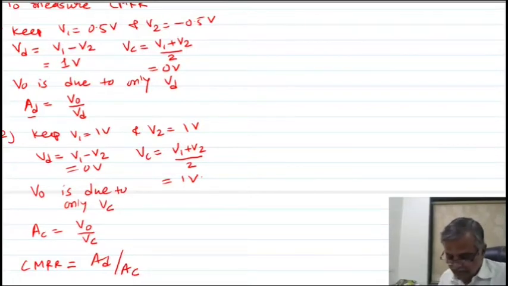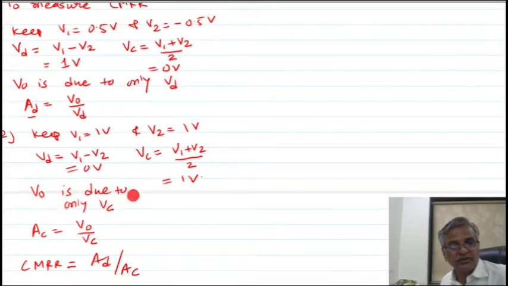Listen again. I want to find the CMRR of the op-amp. So what I did? I keep the input voltages V1 0.5, V2 minus 0.5. So the differential voltage is 1 volt, common mode is 0. By giving this voltage, I am measuring the output voltage, and this output voltage is due to only VD. So I will get the differential gain only, output upon differential input. Then keep V1 at 1 volt, V2 at 1 volt. So the differential voltage is 0, common mode is 1 volt, and measure the output voltage.